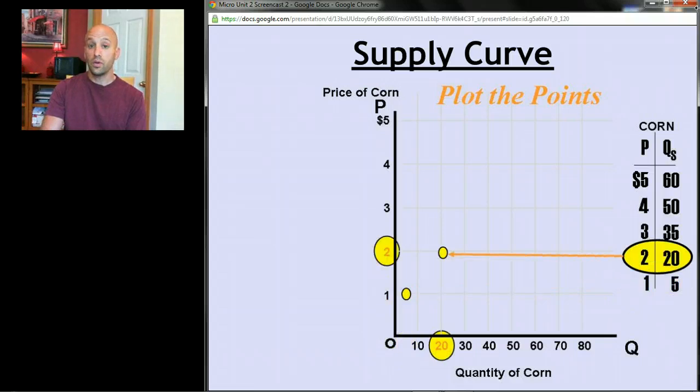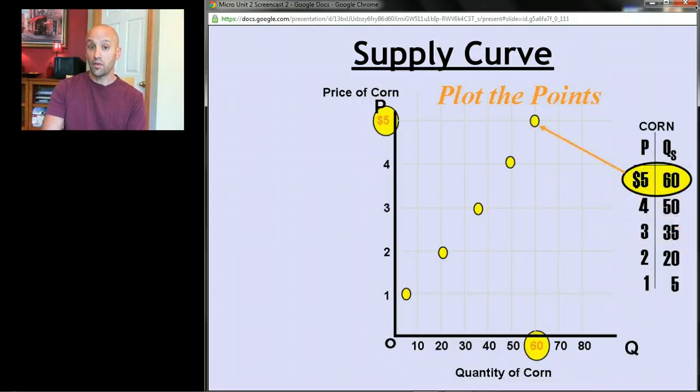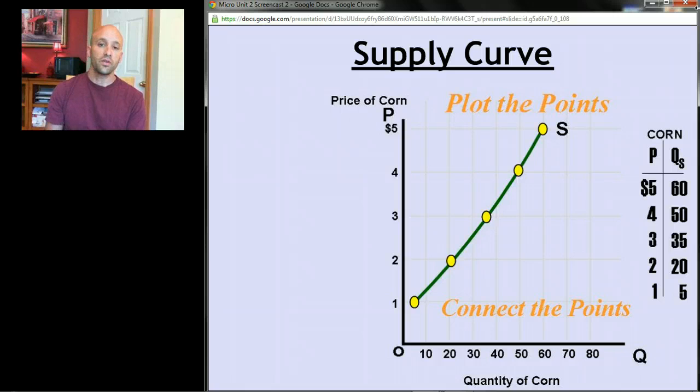If the price were $2, producers would produce 20, $3, 35, $4, 50. If they could sell this thing for $5, they would wind up producing 60. If you connect those points, you get a supply curve. And again, now you can go to any possible price, go over to the supply curve, and see exactly the quantity that producers would be willing and able to produce.